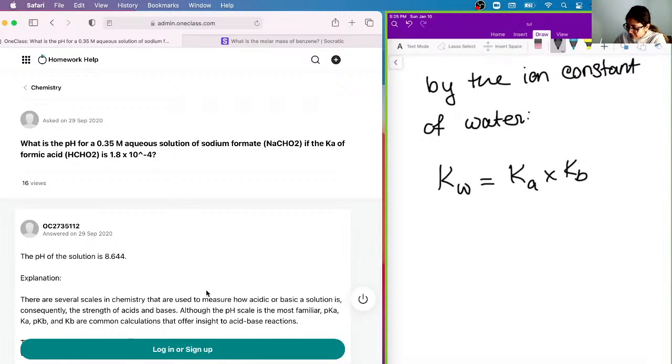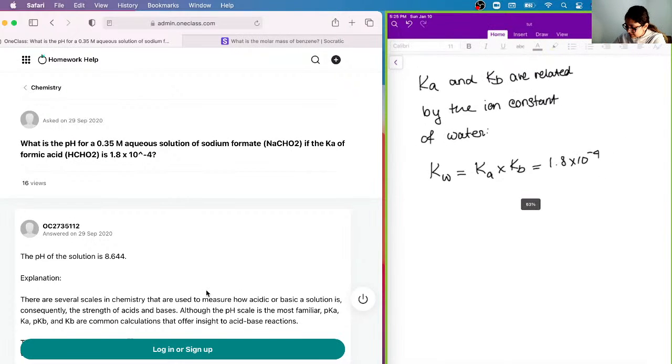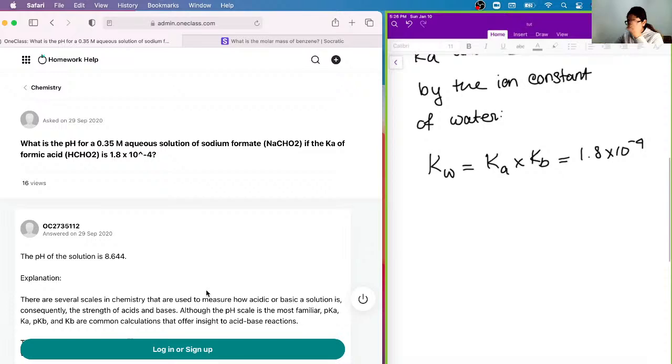The ion constant of water, Kw, is always constant, which is 1.8 times 10 to the power -4.